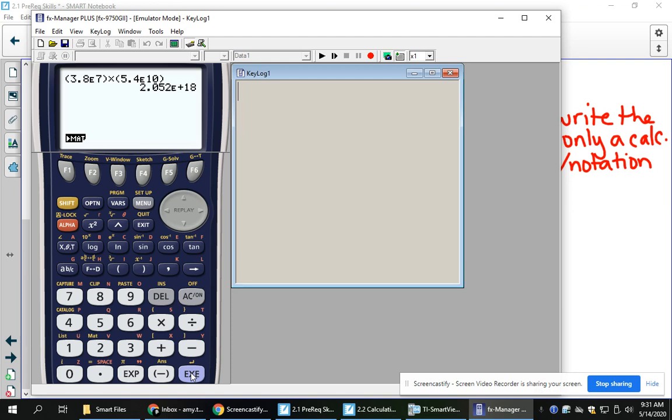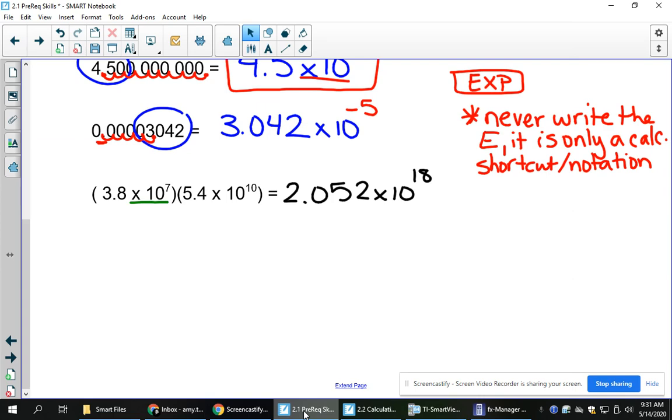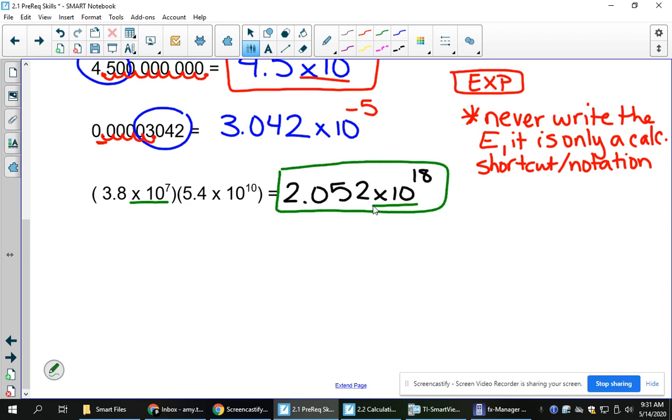Execute, same answer. 2.052 times 10 to the 18, which written properly does not have an E in it. It has the times 10 part. Okay, that's very important.